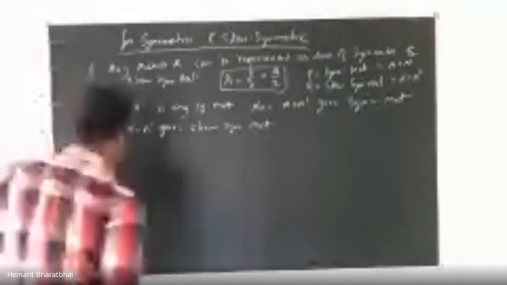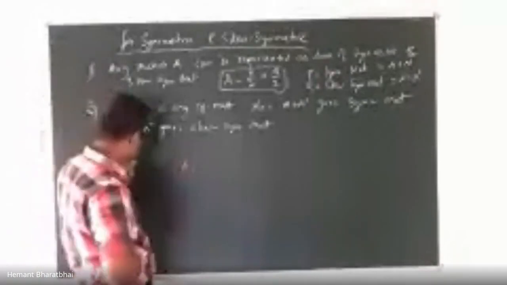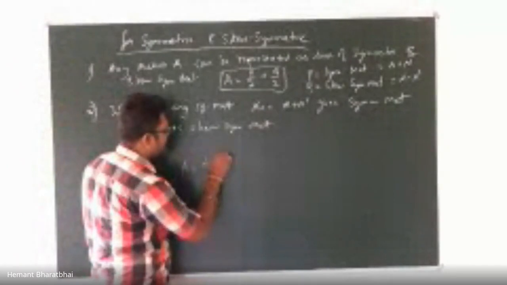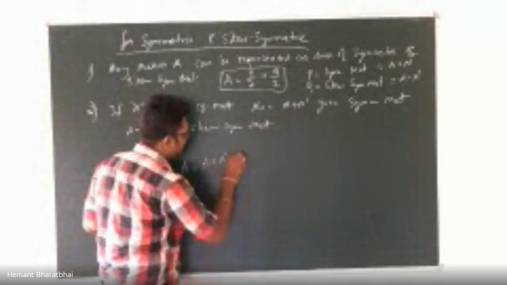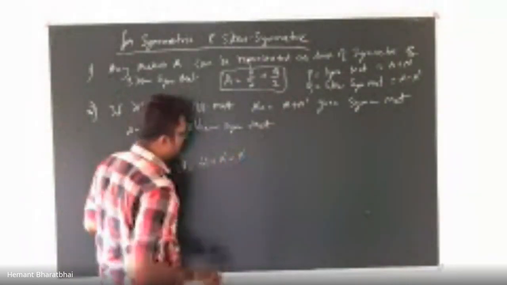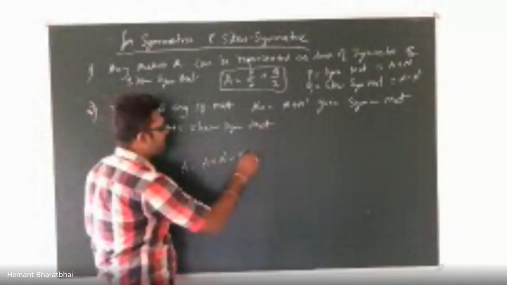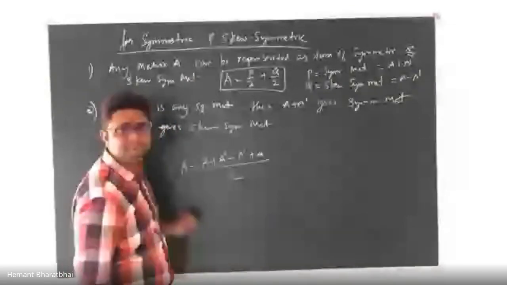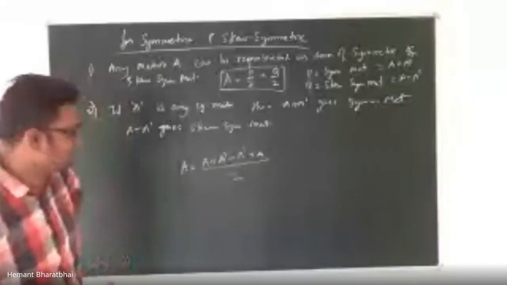So suppose I have this matrix A. Can I write it as A plus A transpose minus A transpose plus A upon 2? I can write like this, right? A transpose will cancel.